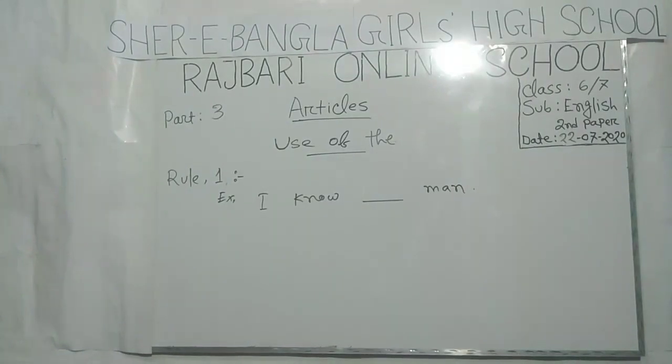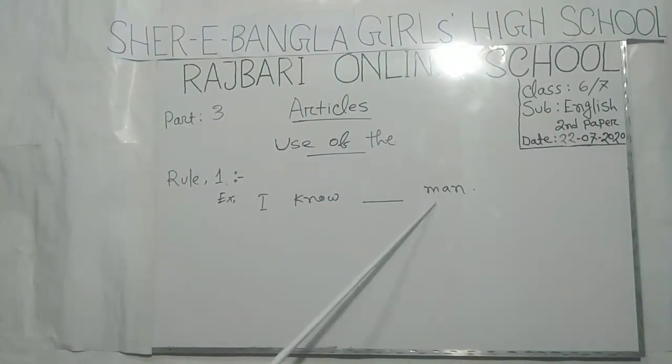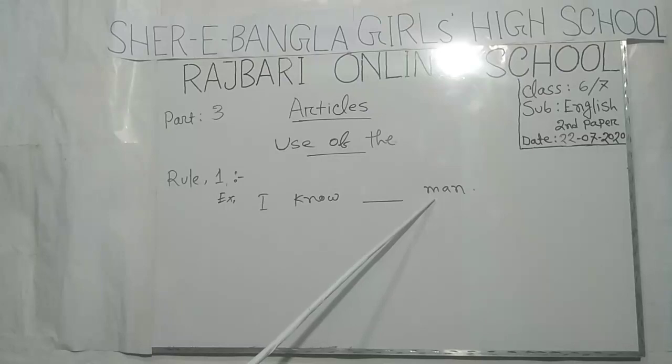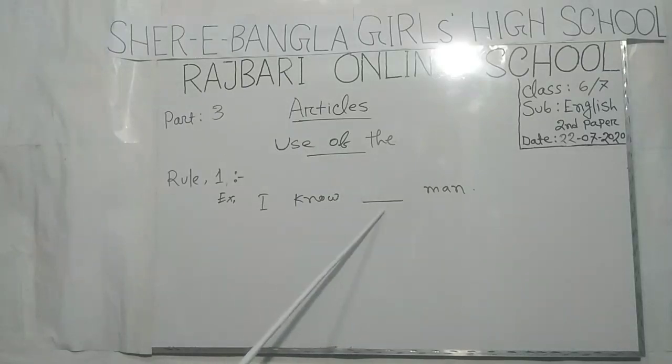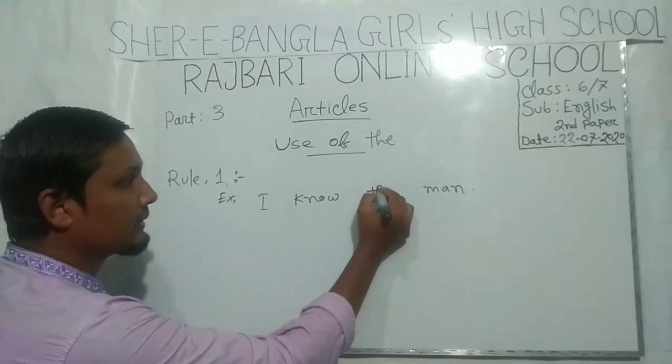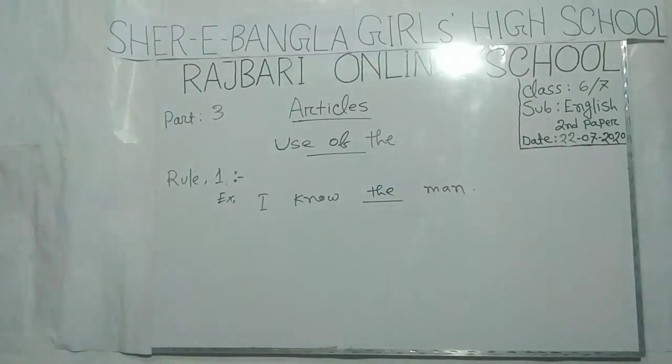This word is the name of a person or denotes a person, and you have to use the. Okay, the man. Like that, if you see any kind of subject matter or element, you have to use the also.